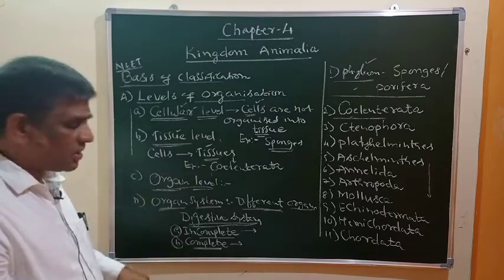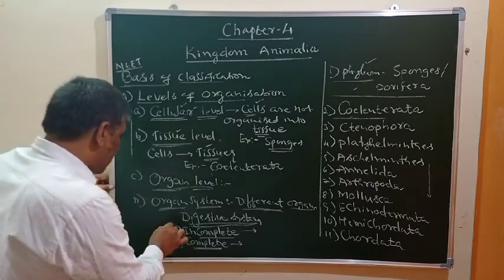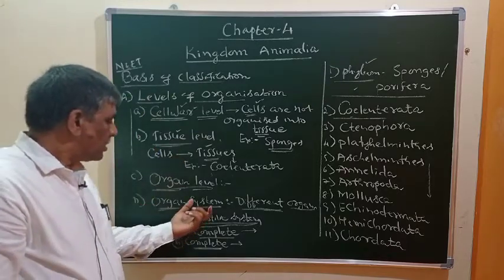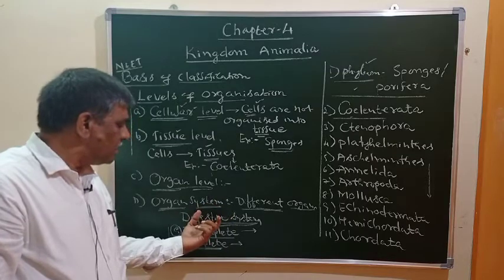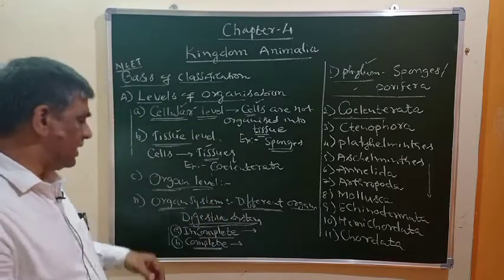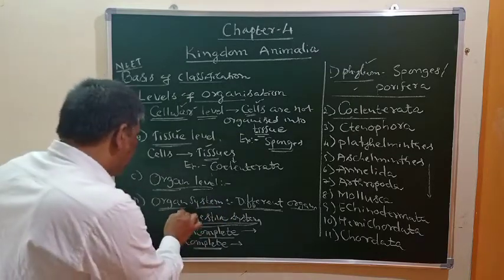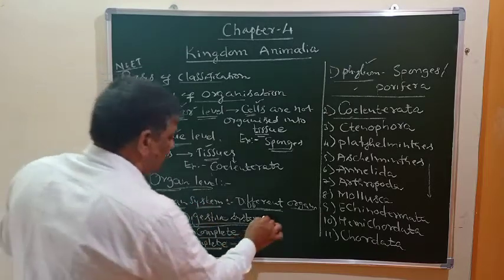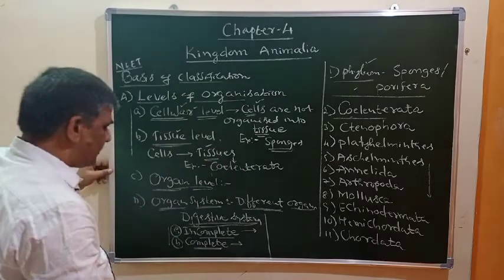That system is called a complete digestive system. So what we have to understand here is that there are differences among different animals in the organ system.